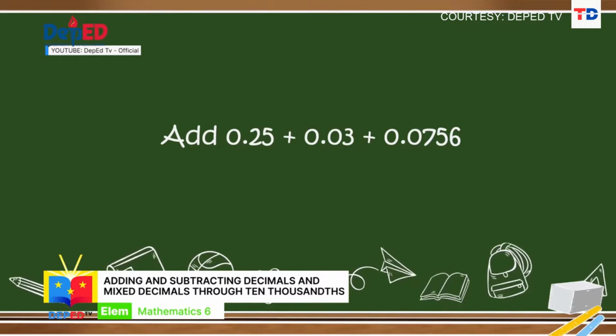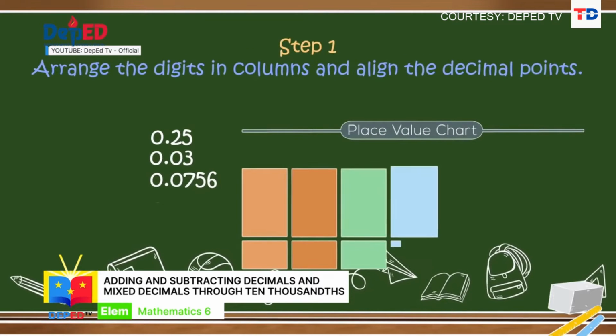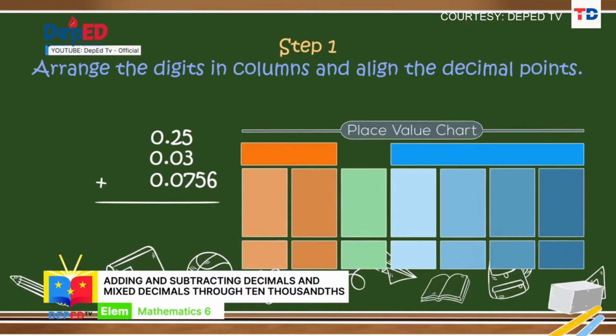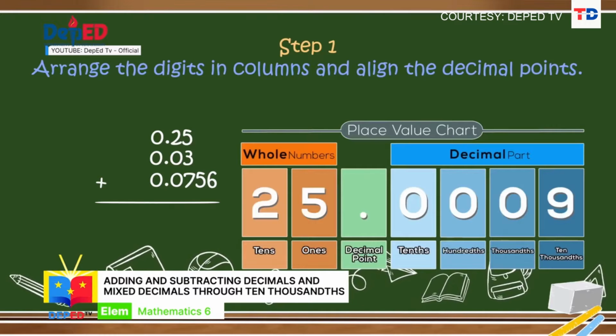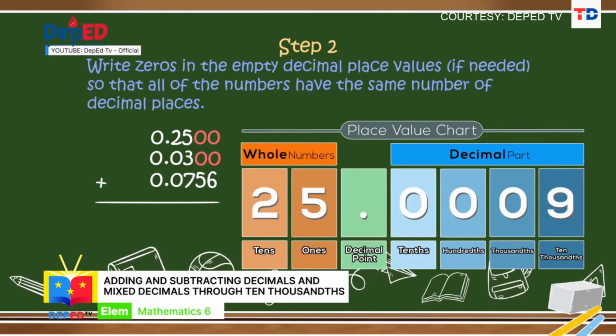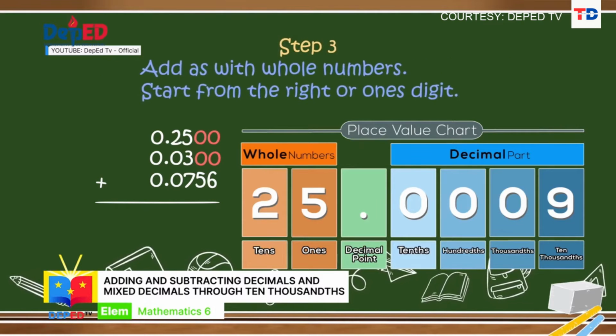To add decimal numbers, step 1. Arrange the digits in columns and align the decimal points. Step 2. Write zeros in the empty decimal place values, if needed, so that all of the numbers have the same number of decimal places. Step 3. Add as with whole numbers.